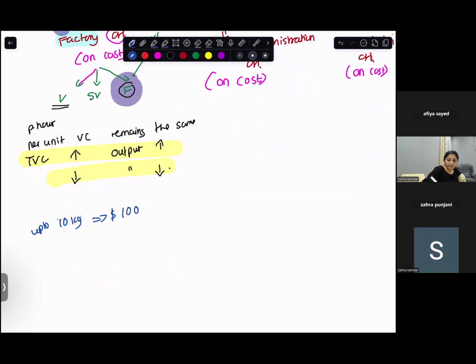So even if I courier 5 kg, I'm going to be charged how much? 100. Even if I courier 3 kg, I'm going to be charged how much? 100. If I courier 10 kg, I will be charged how much? 100. So if I'm couriering 10 kg, the price is going to remain 100.